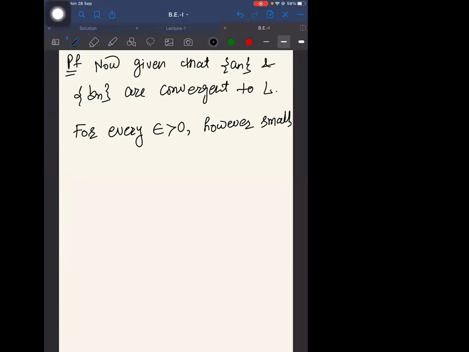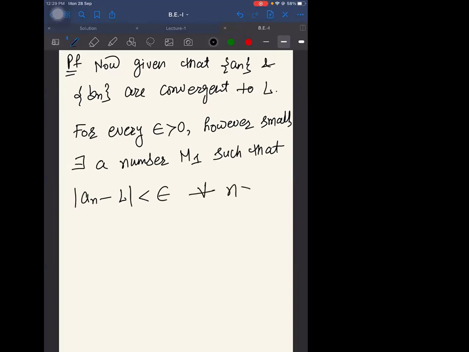So for every epsilon positive, however small, there exists a number M1 such that |an minus L| can be made less than epsilon for all n after that cutoff, that is M1, right? So most of you know the definition, right? That is how we have made this definition, okay? Are you comfortable with this definition?